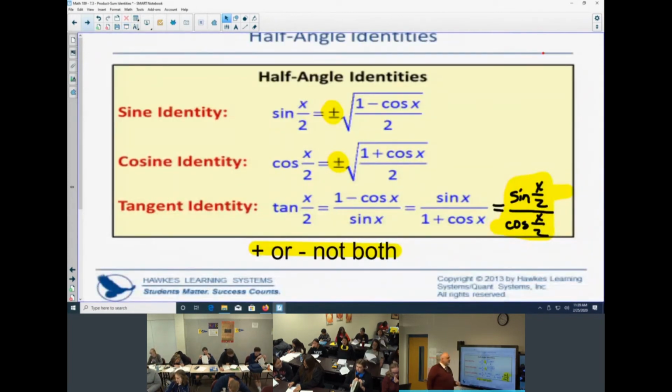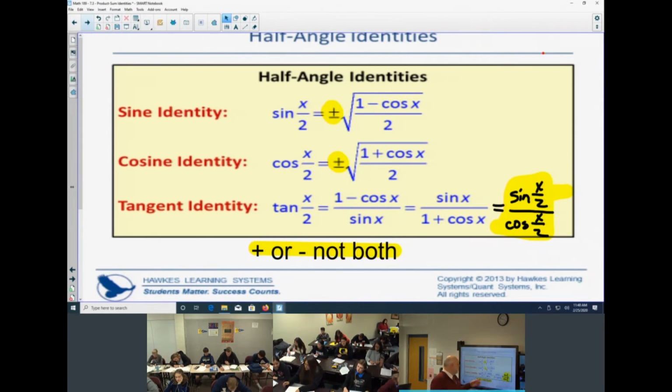Okay, next, the half angle identities. So this is the sine of x divided by 2, or u divided by 2 as they have in the books. Now, a couple of things about this: where it's plus or minus, this is not the plus or minus like we have when we're doing the quadratic formula and you have two answers.